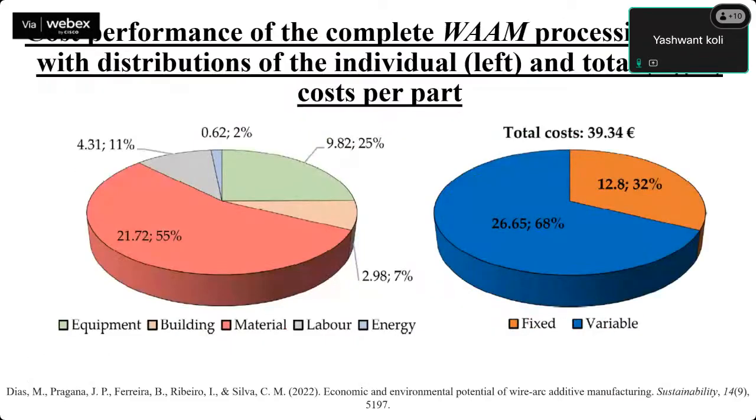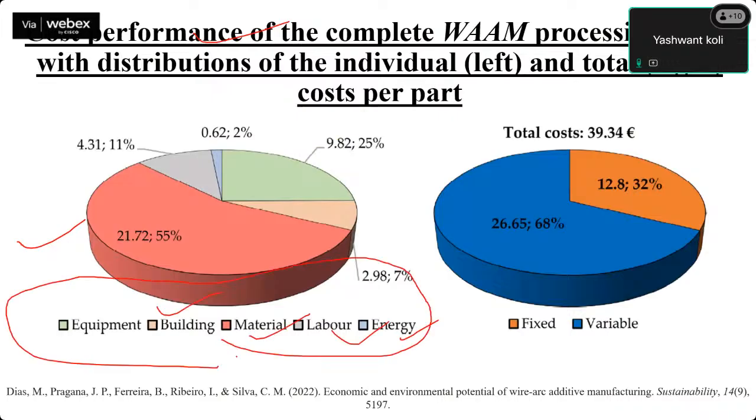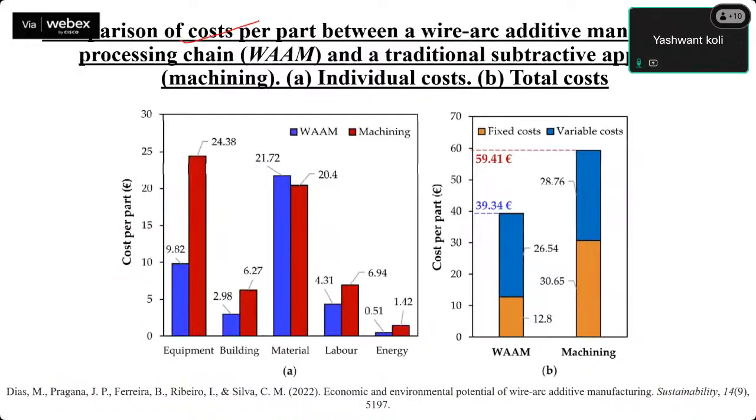And then we compare the cost performance of the complete VAM processing chain with distributions of the individual and the total cost per part. So equipment, building, material, labor, energy, this is for individual and this is for total fixed and variable cost. So the comparison of cost per part between the VAM processing chain and the traditional subtractive approach, machining, is this. This part is for individual cost, this is for total cost.